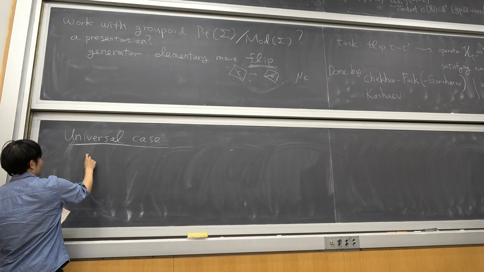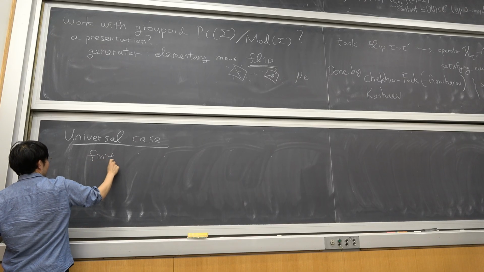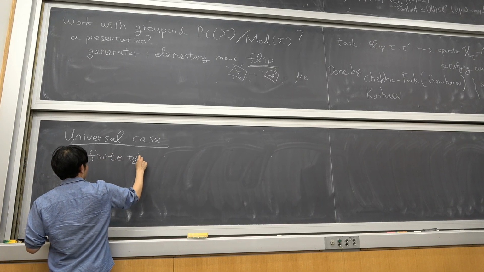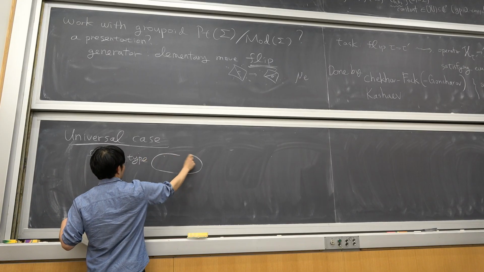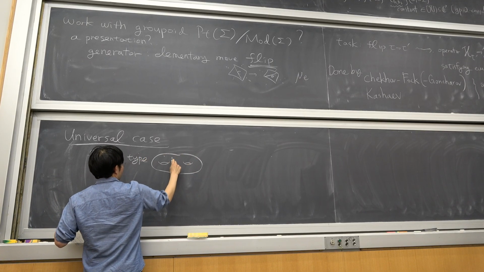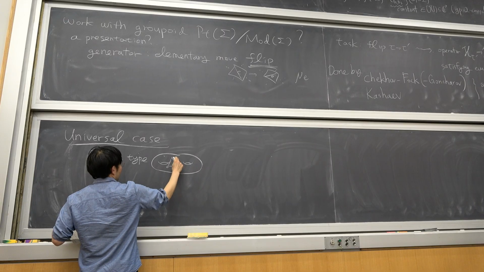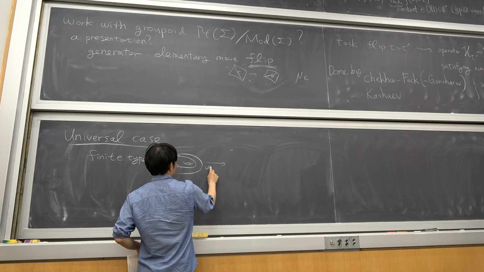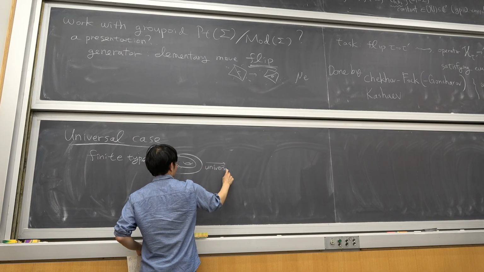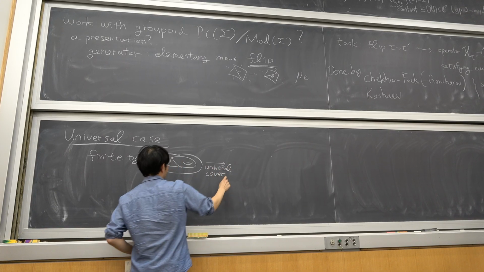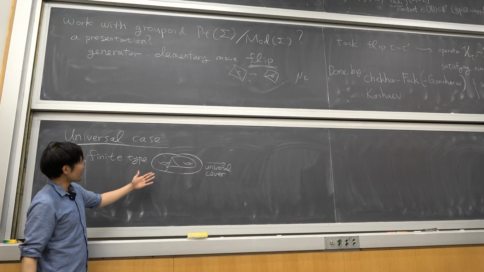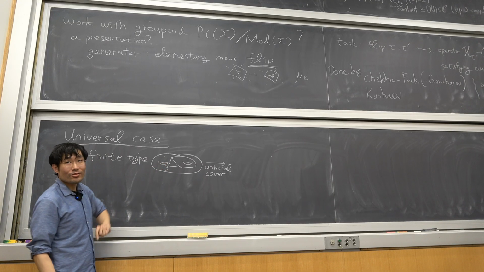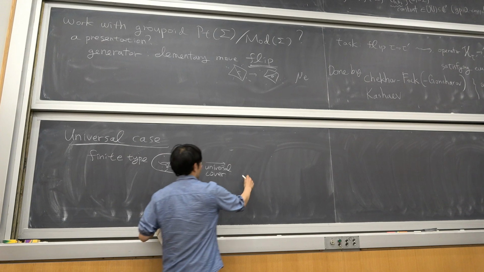So before going to universal, how did the finite type situation look like? You had some finite type surface with ideal triangulation. And if you draw this in the universal cover, the usual convention is that you want to stretch everything to geodesic so that the picture looks pretty.